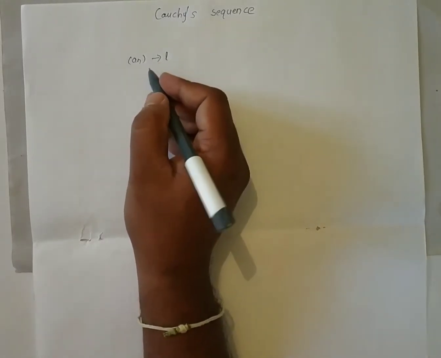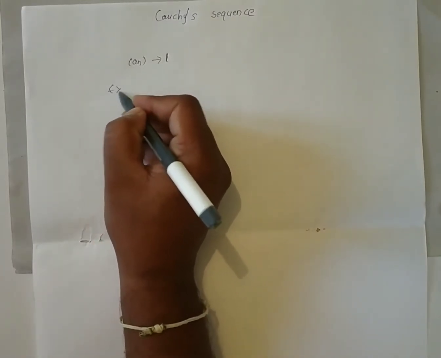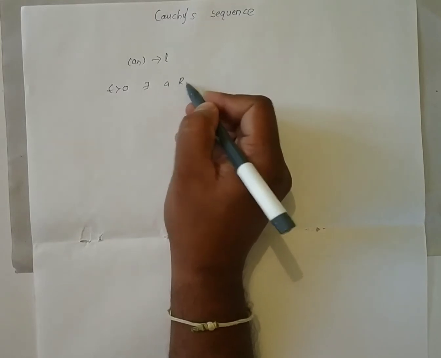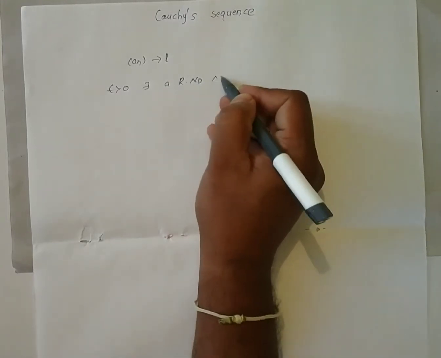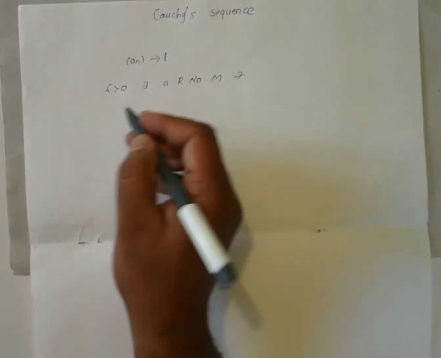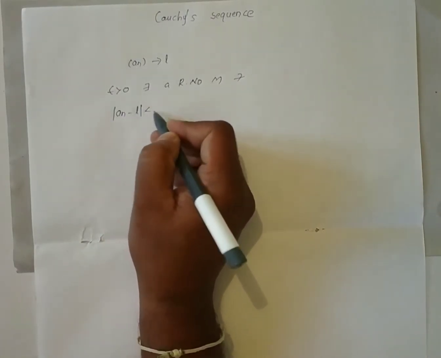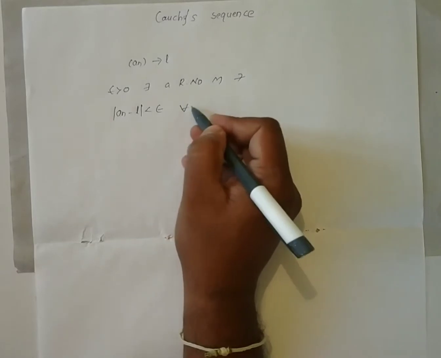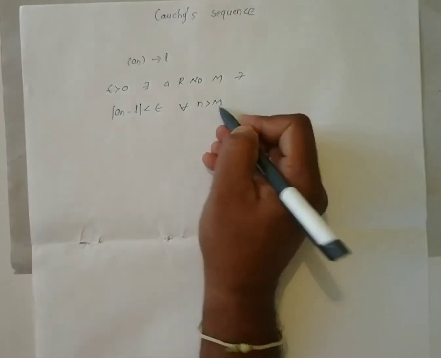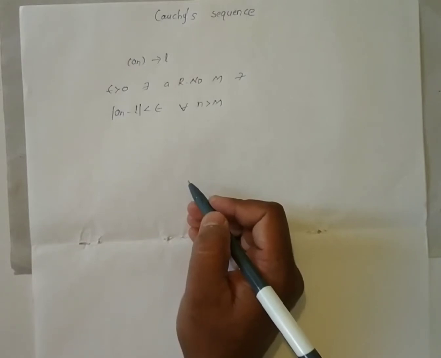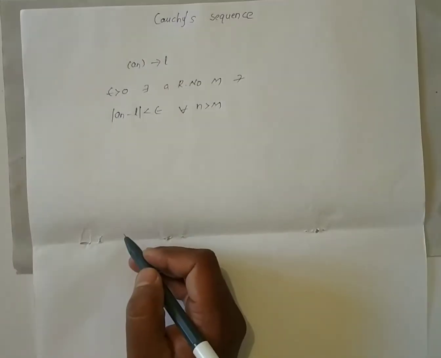Which means that for every epsilon greater than 0, there exists a real number m such that modulus of a_n minus L is less than epsilon for all n greater than m. So this is the definition of convergent sequence.